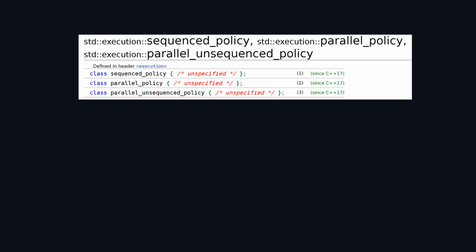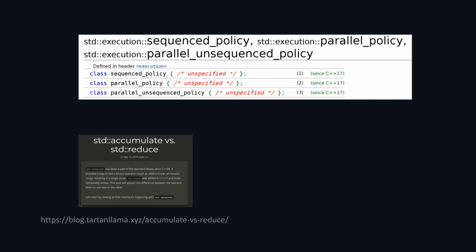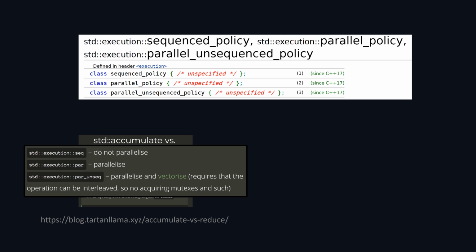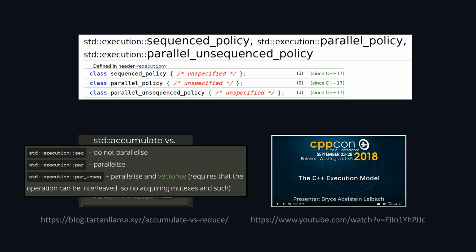And there's a really good blog post by Simon Brand from Microsoft, and he goes into the differences between std::accumulate and std::reduce, specifically mentioning the execution policies and detailing how to use them and what they are. And then also Bryce Lelbach, who works at NVIDIA, has a whole CppCon talk about the execution model and the differences between the different execution policies. So definitely check those out. Links in the description down below.